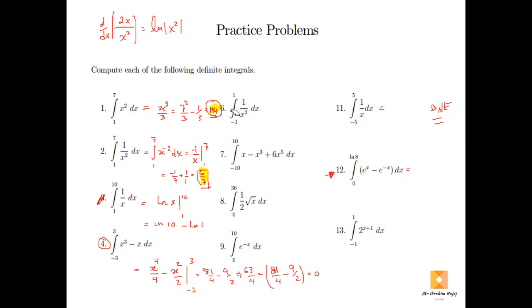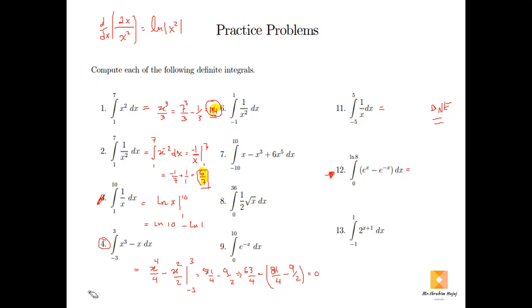So for number 11, when it's only x, it's going to be undefined, DNE, doesn't exist. Number 6 also should be DNE, right? We shouldn't put -2.